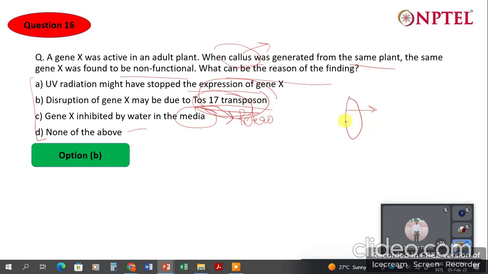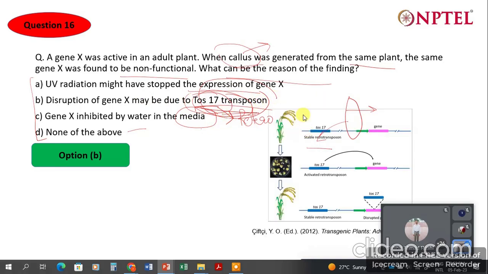But when we grow this in tissue culture, due to the conditions in the culture as well as the media, TOS17 transposon becomes active. So this is the answer, and this has been explained in this figure also.